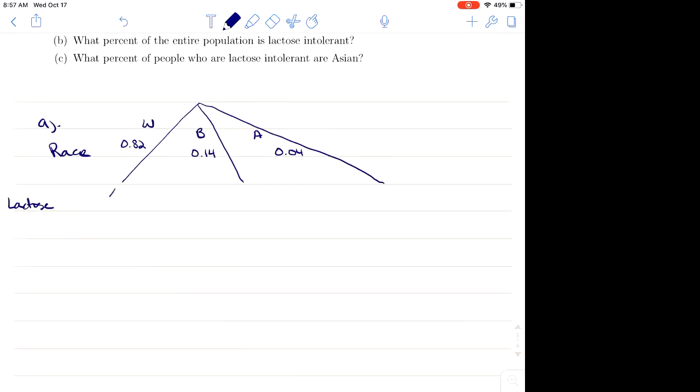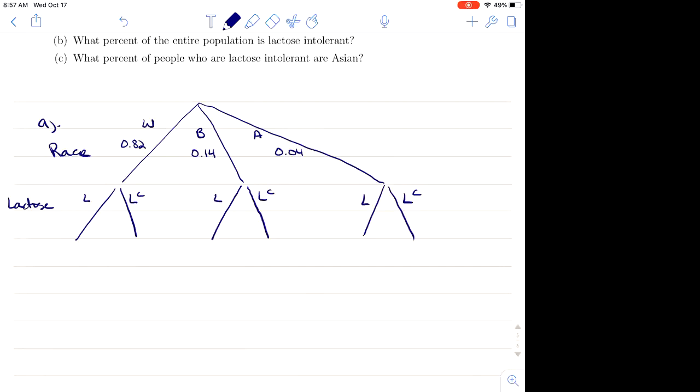So each of these branches, just to make sure we have enough room, we can put our 2 branches, our lactose intolerant branch and our non-lactose intolerant branch, off of each of these. So I'm going to make my left-hand branch the lactose intolerant and my right-hand branch not lactose intolerant for all of these. So L, not L, L, not L.